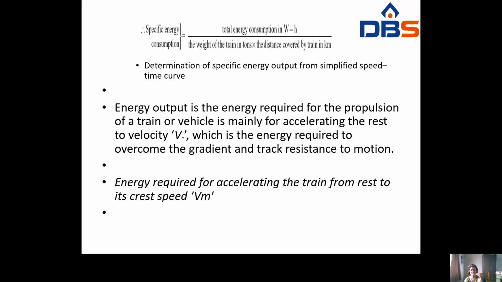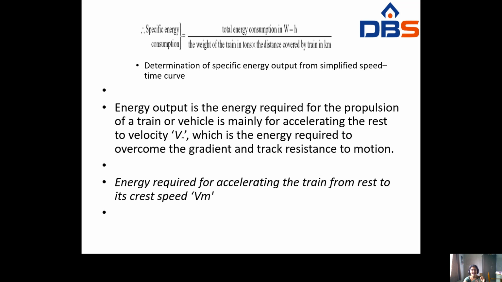So some energy will be required to move, and at that time you get some energy output. It is also the energy required to overcome the gradient and the track resistance to the motion.